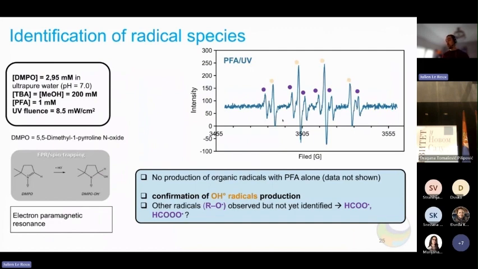In yellow here, there's the typical signal of hydroxyl radicals that are formed, for example, during a UV peroxide process, but here you also have the other signal linked to organic radicals formed specifically from performic acid. So there was a complementarity of these two species of radicals that allow this process to get higher removals.